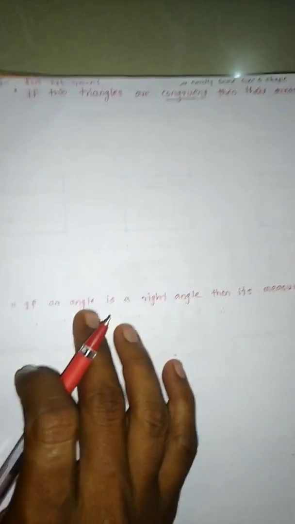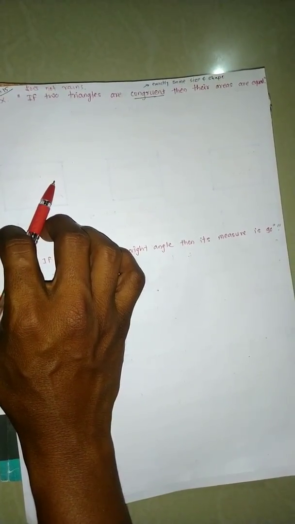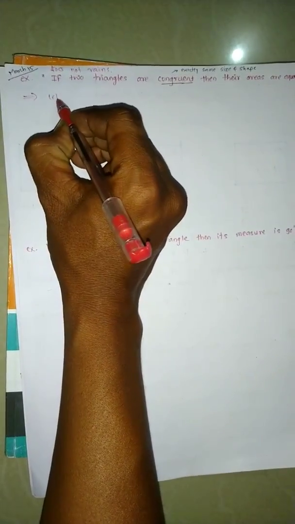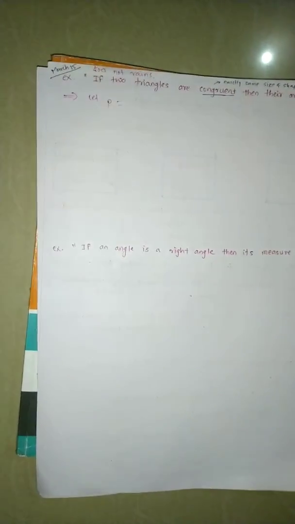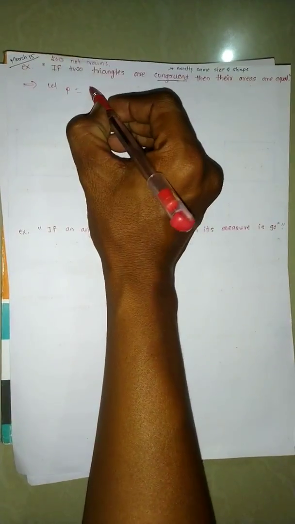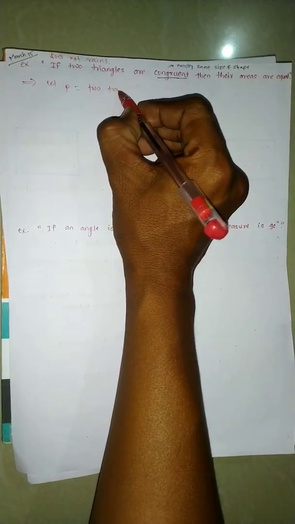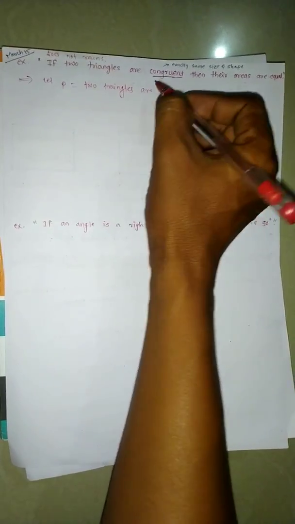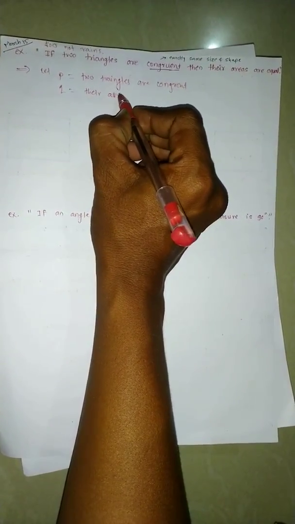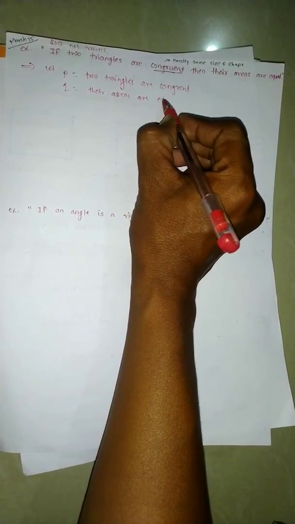Now, the next example is: if two triangles are congruent, then their areas are equal. So solve it. Let P be: two triangles are congruent. The Q statement is: their areas are equal.